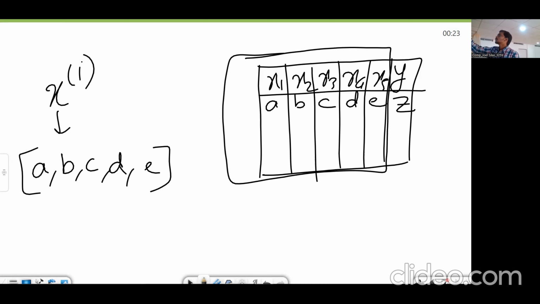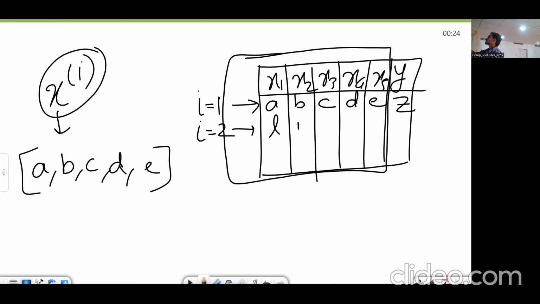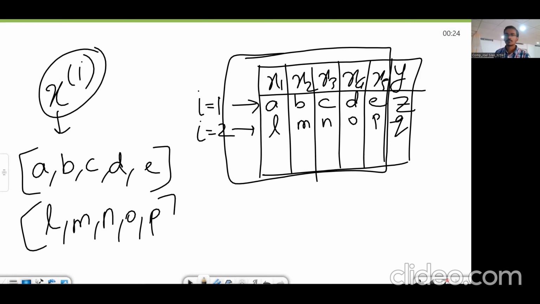Here, the value of i will be, suppose, 1. So when i is equal to 1, this is the first feature vector. Similarly, when i is equal to 2, we'll have another vector like L, M, N, O, P. So each time x of i will be a collection of all the features.